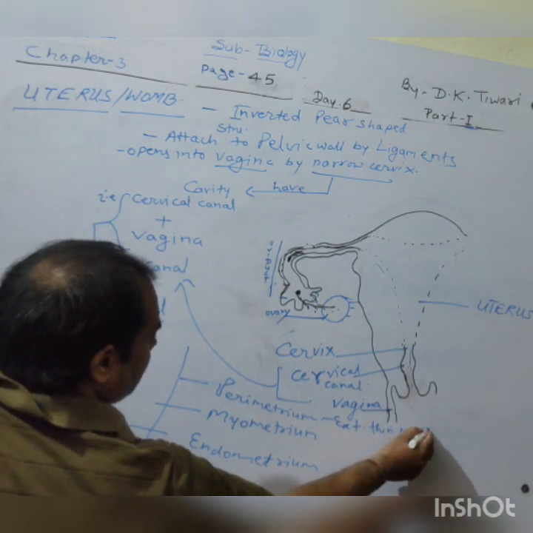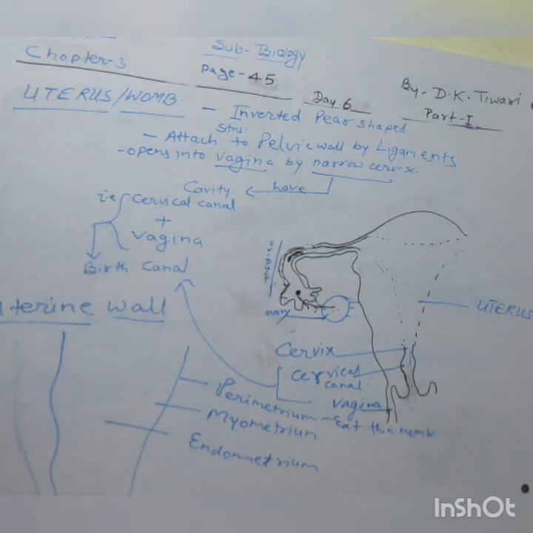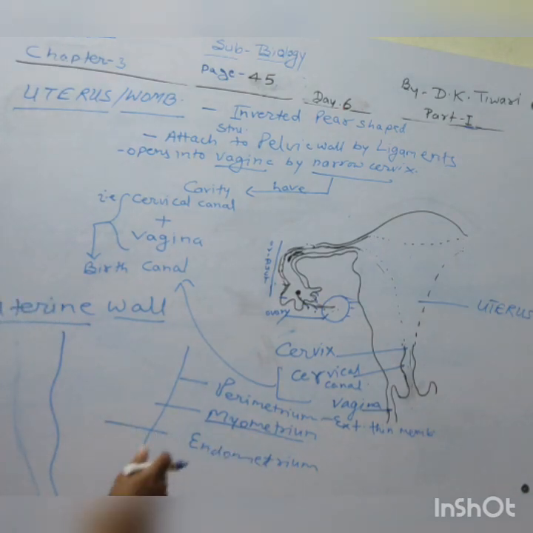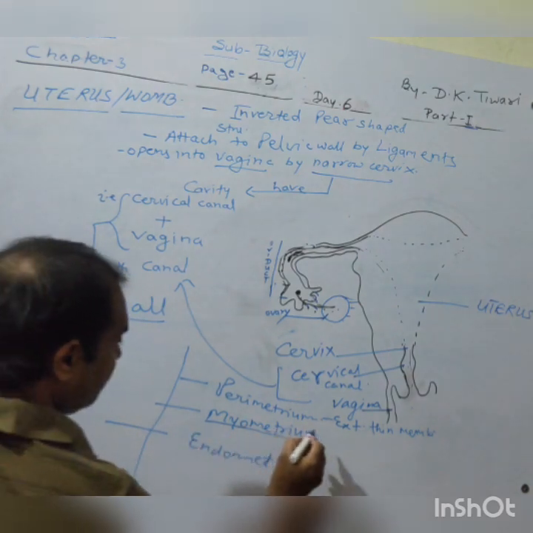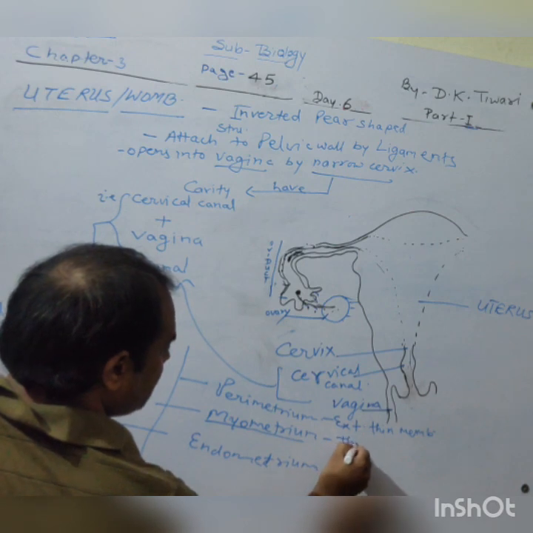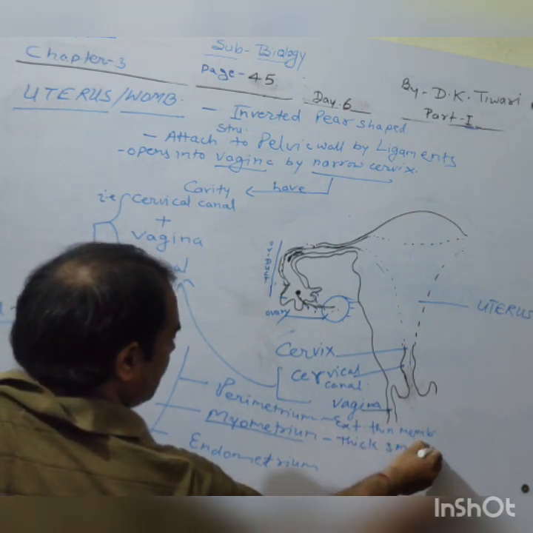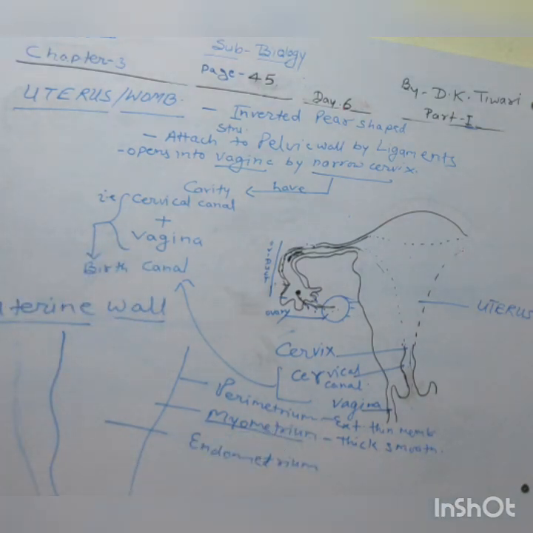While the myometrium is the middle layer, made of thick smooth muscles, and it is very powerful.